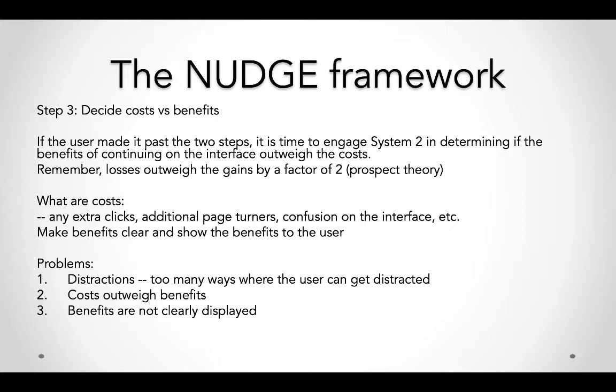So in step 3, we are going to engage system 2 in determining costs versus benefits. If the costs are more than benefits, then we are not willing to go further. If the costs are less than the benefits, obviously we would like to go further. Remember, losses outweigh the gains by a factor of 2.